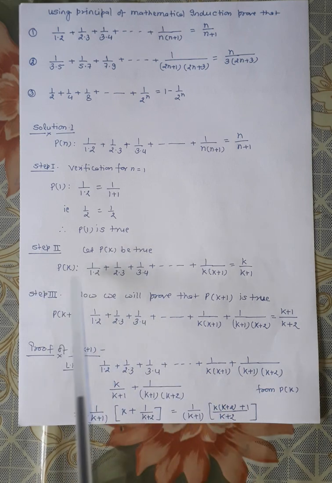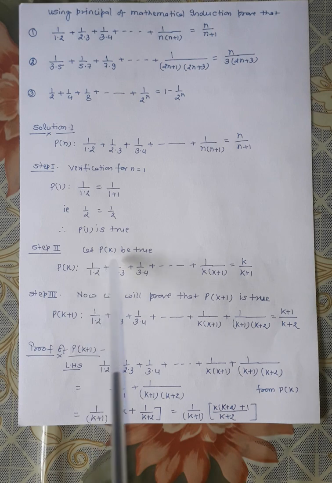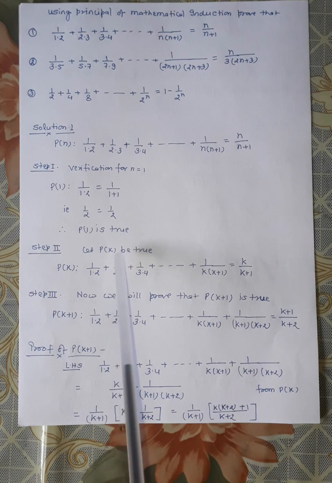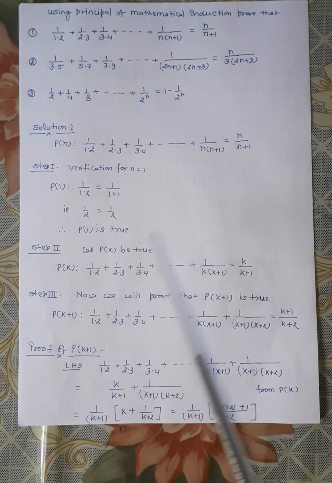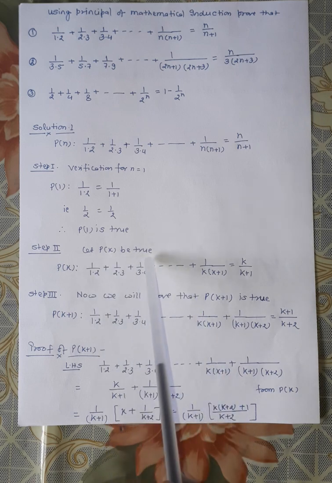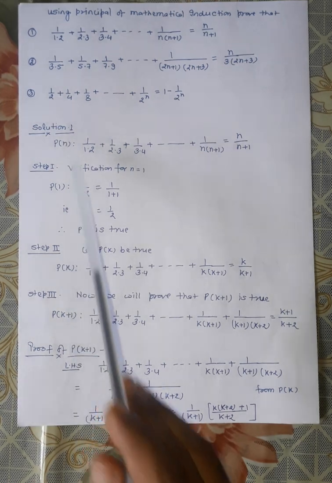Boys, in the second step, as I have told you, the second step is for supposition. Let Pk be true. Boys, in some books, in place of k they take m. No problem, it depends on your choice whether you take m or k. Both are correct. So let Pk be true. What is our Pk?